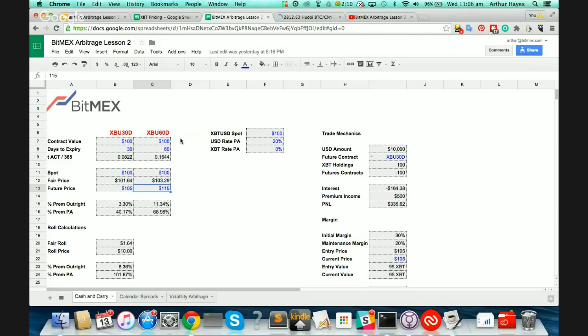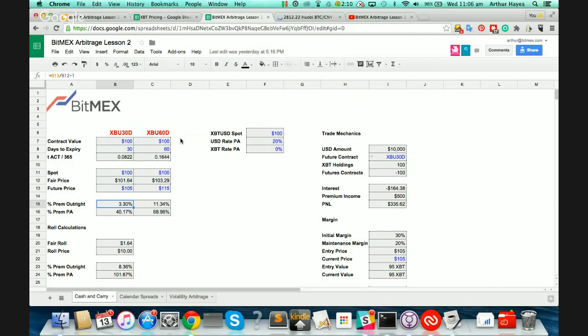The first calculation that you want to make is what is, if any, the outright premium. So we'll see here for 30 days, we'll earn an outright 3.3%, and for 60 days, 11.34%. Now, if this value is positive, meaning that the futures contract is trading at a premium to the spot price, or your fair price based on where you borrow and lend US dollars, you know you have an opportunity to do cash and carry arbitrage.